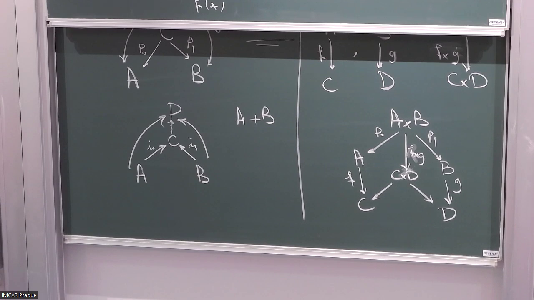What is the categorical version of it? It's a subset of X. There is a map to X, such that these two compositions are equal, because it equalizes.